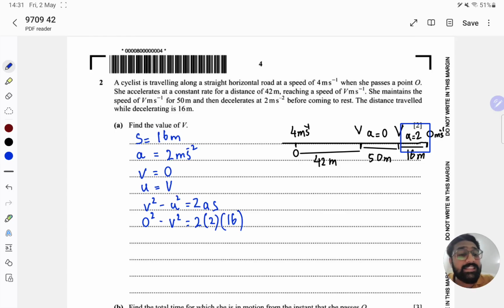Since the object is decelerating, in place of acceleration you are going to put a negative sign as well, because it is not increasing acceleration, it is a deceleration. So it will be minus v square equal to 2 times 16, minus 64. Minus and minus cancels, and the value of v is going to be 8 meter per second.